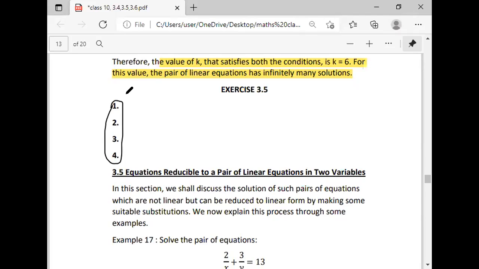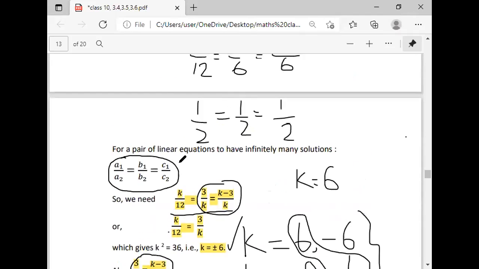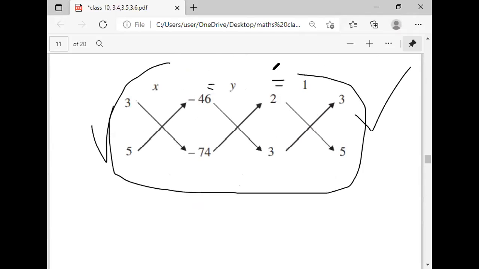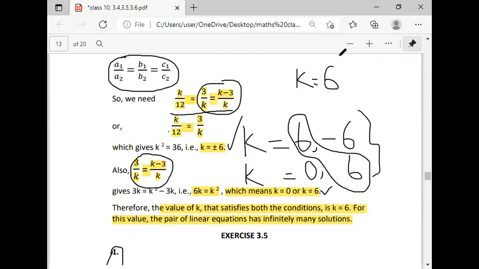Again, I tell you, usually this cross multiplication method is easier, but the only difficulty is first we have to form or draw this figure. After you have drawn this figure, then everything will be easier. You can easily solve the questions.